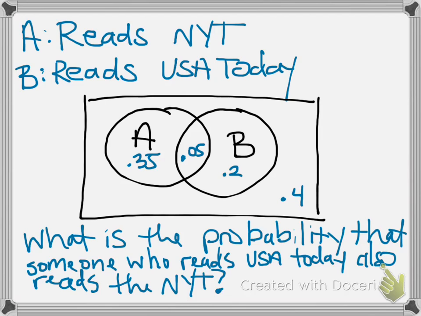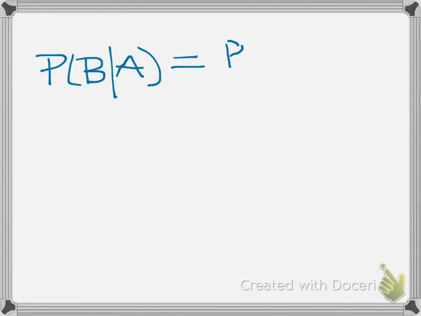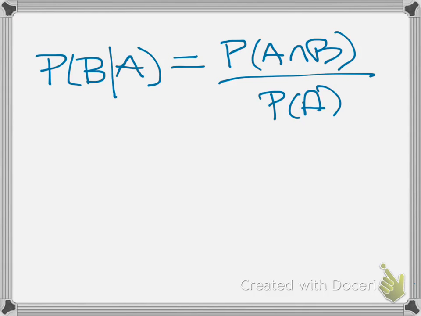Alright, so the question that we want to answer is, what is the probability that someone who reads USA Today also reads the New York Times? So let's go back to the formula that we just talked about, which said that the probability of event B occurring, given that event A has occurred, is equal to the probability of event A and B occurring divided by the probability of event A occurring.